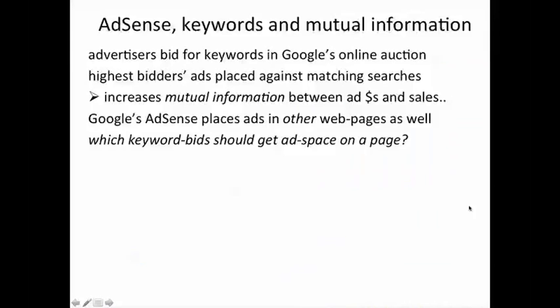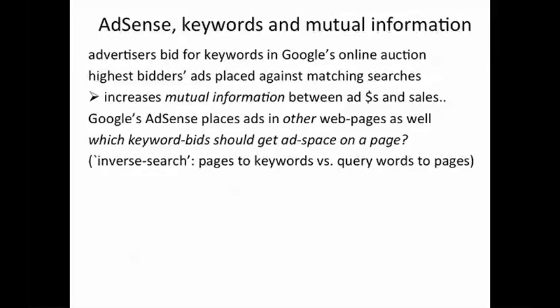What is happening is that the AdSense code that Google asks you to put on your site is figuring out which are the best keywords that represent the content on your page and matches that to the keywords that are being bid on in the keyword auction.